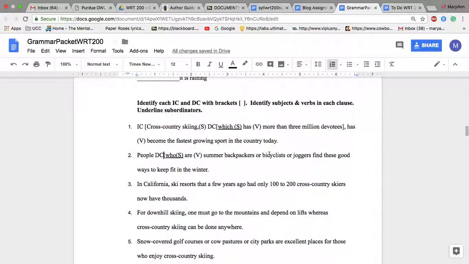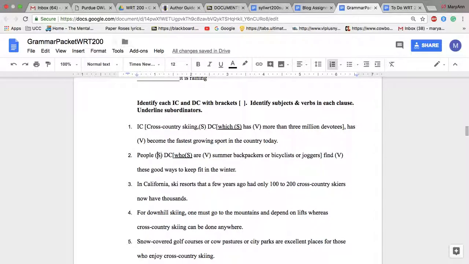Who are summer backpackers or bicyclists or joggers. Our next verb as we're moving down is right here, find. So we're going to mark that as our verb, and go to the left of that, before our DC, to find our subject, people.